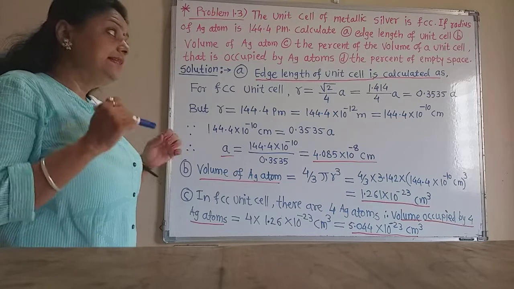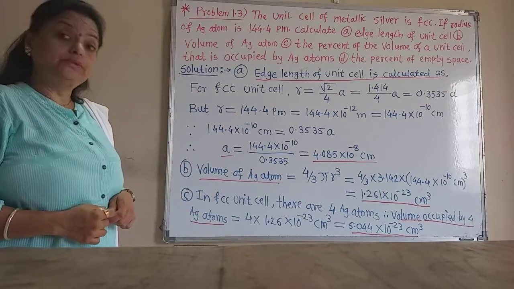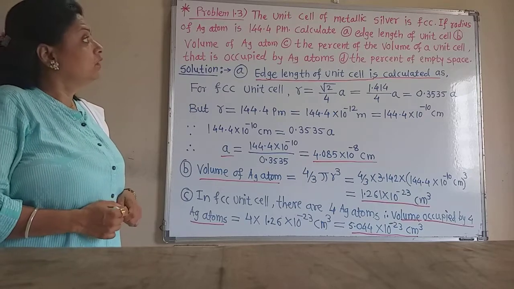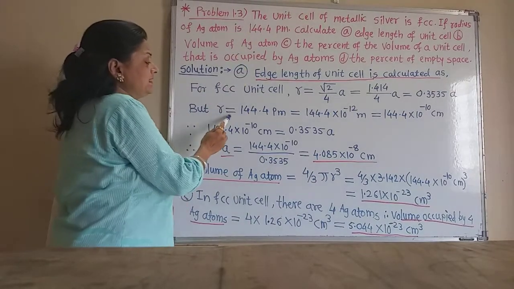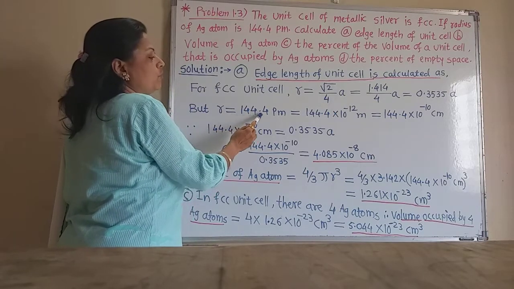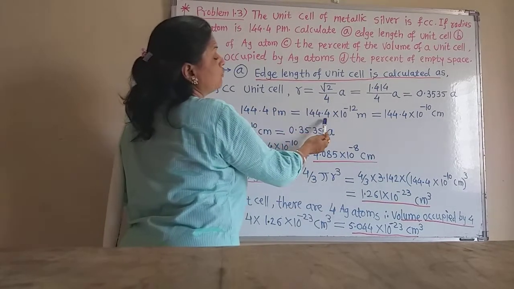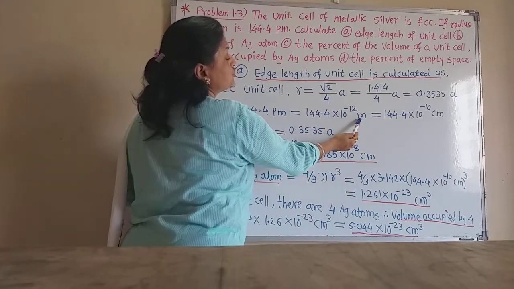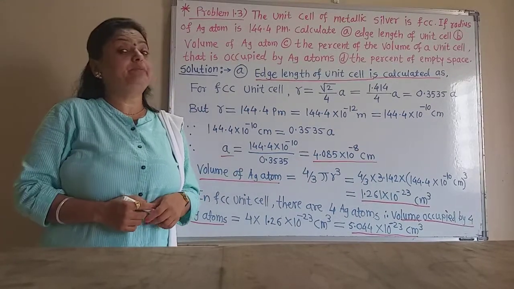First we have to calculate, if the value of the radius is known. Here the value of the radius is given, and the radius is 144.4 picometer. Now that is equal to 144.4 into 10 raised to minus 12 meter, because 1 picometer is equal to 10 raised to minus 12 meter.